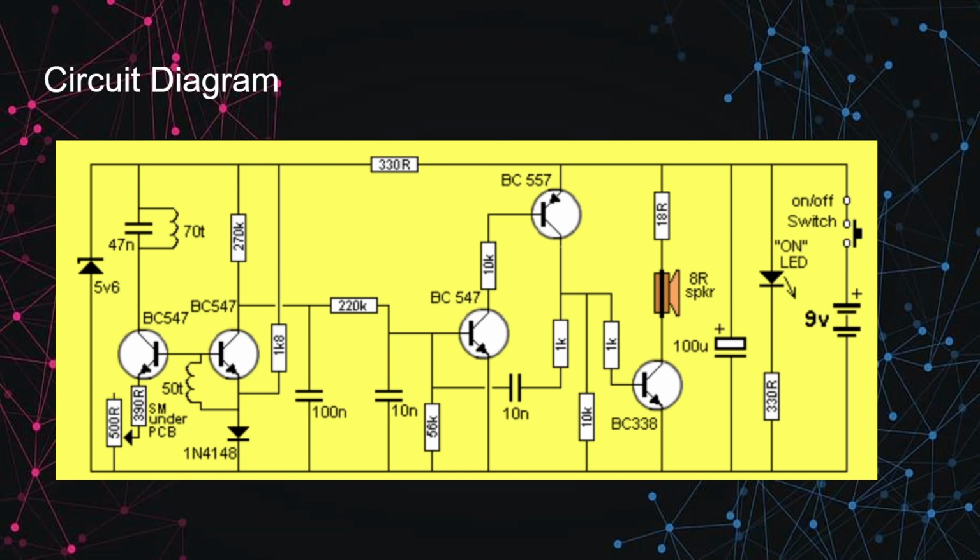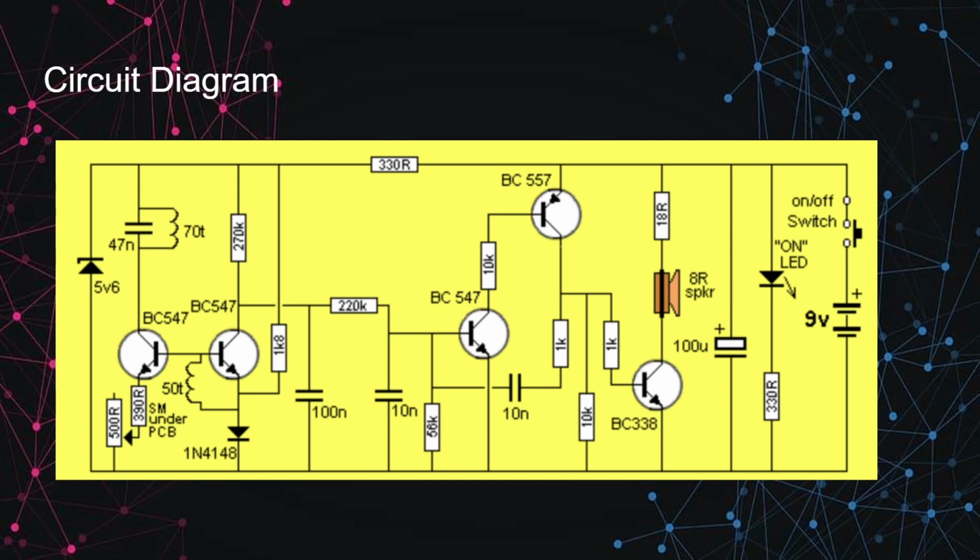So coming on to the circuit diagram now. It shows the schematic of our whole project and how all the components are connected to each other. So we have our Zener diode, then the two coils of 70 turns and 50 turns respectively, connected accordingly to the transistors, capacitors and resistors.